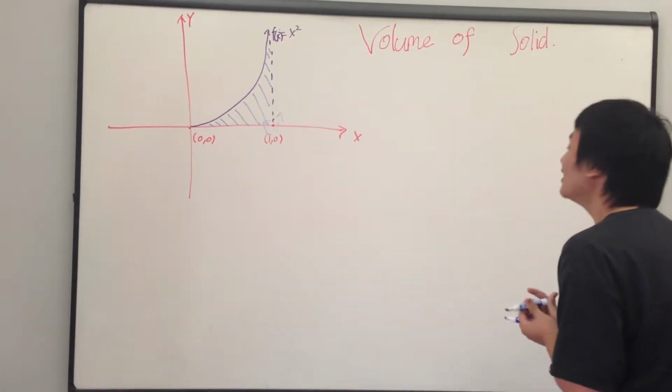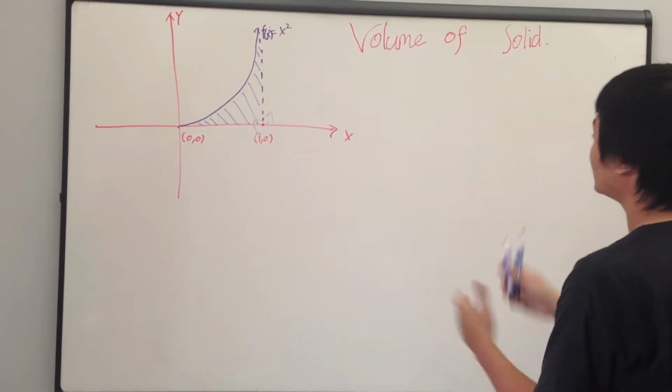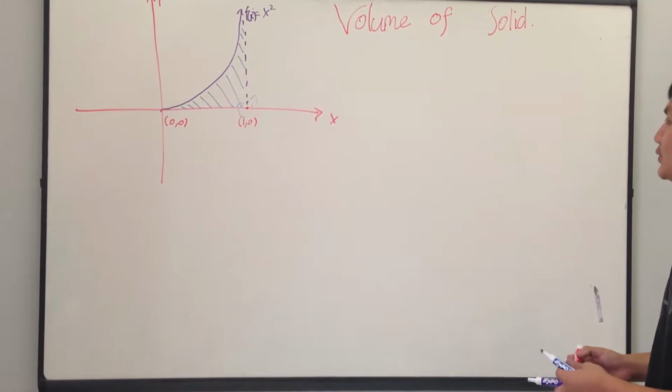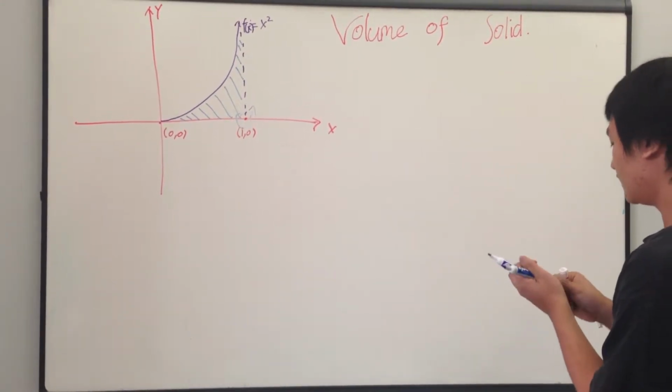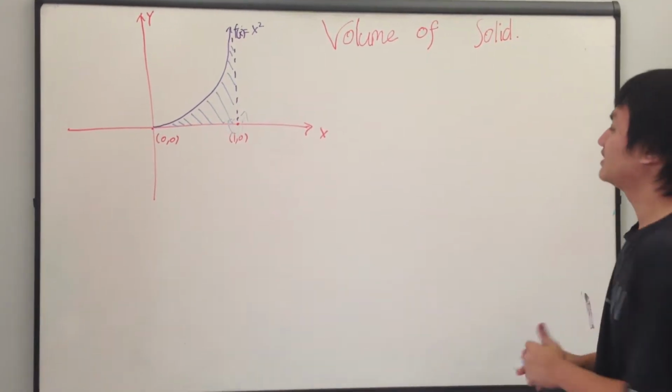And what that might look like, if you can visualize it, is we rotate it around the x-axis. You will pretty much have something like this. Let's see if I can draw it.